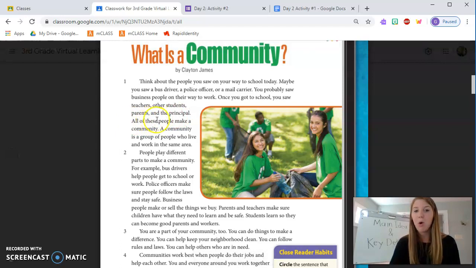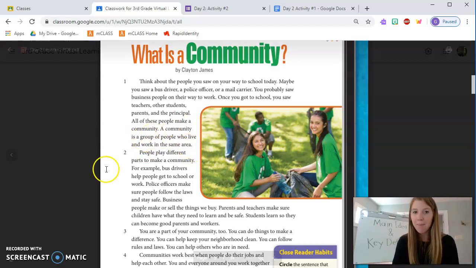All of these people make a, say it with me, community. A community is a group of people who live and work in the same area.